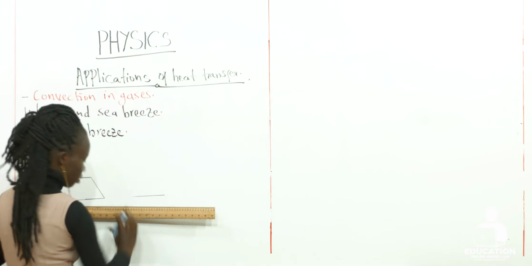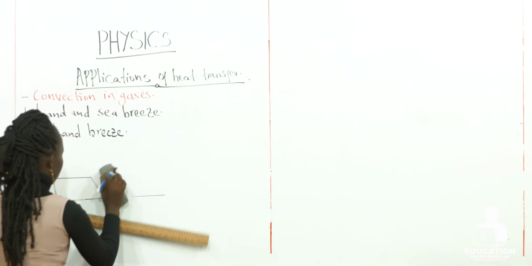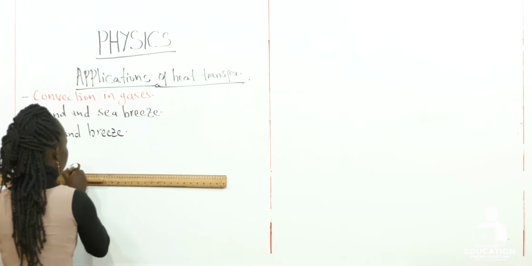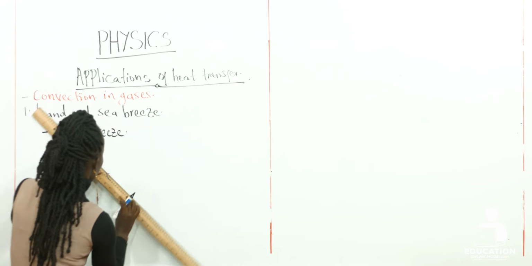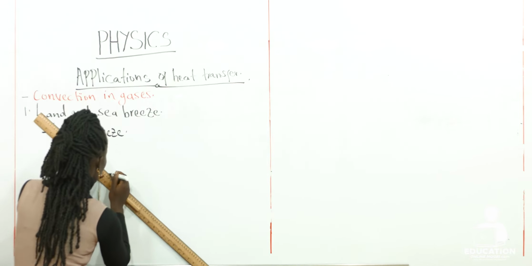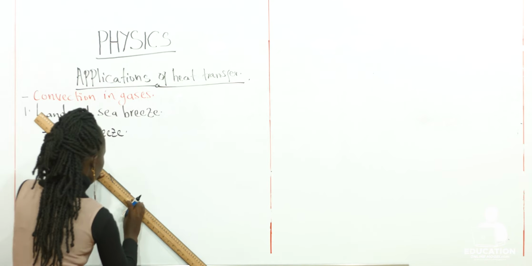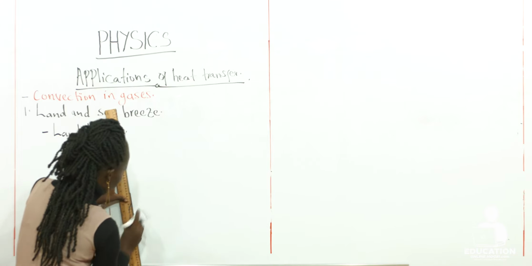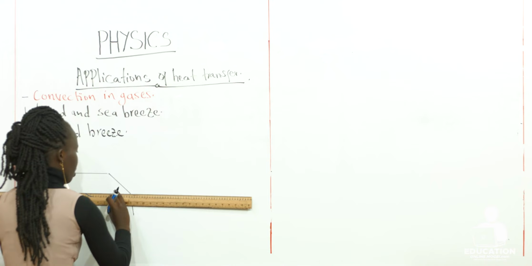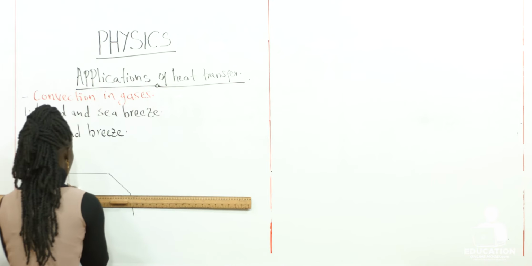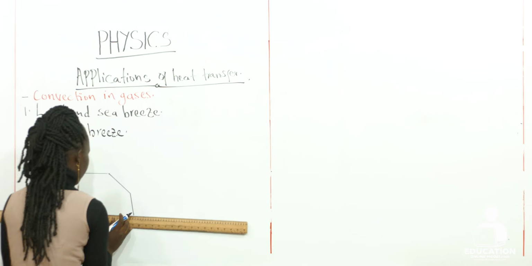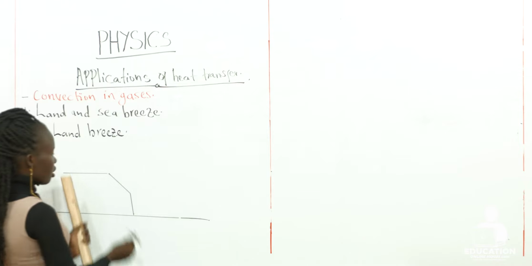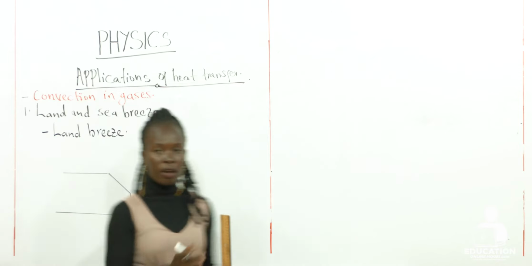Let's have a proper diagram. We are trying to have our land and then the sea. So the raised part here is our land.